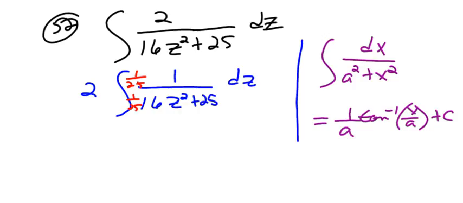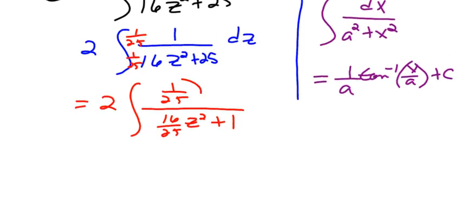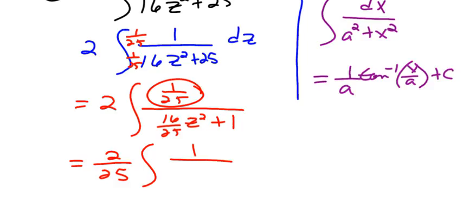Let me rewrite it one more time. If I distribute that 1 over 25 to the numerator and the denominator, I now have this. I'm a lot closer to what it looks like it should be. But in this case, I really need to factor out that 1 over 25 again. So I'm going to do that.